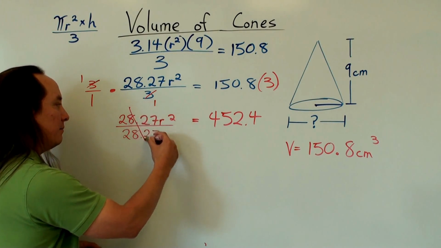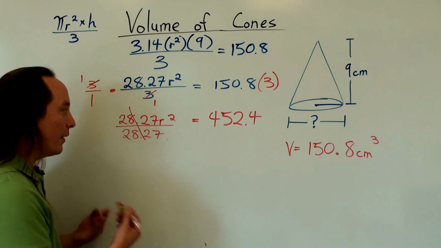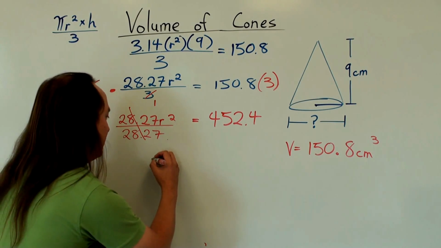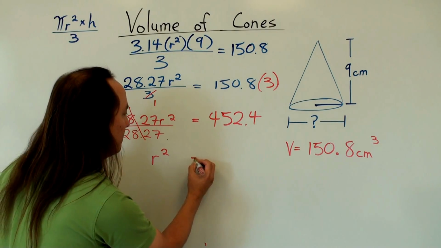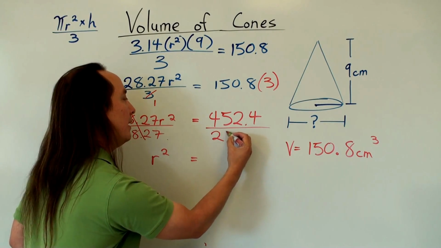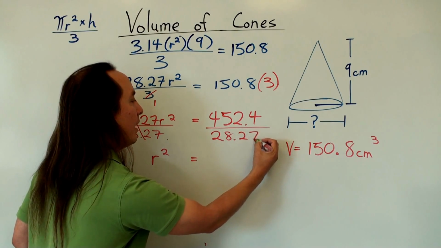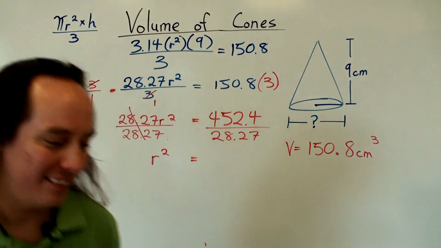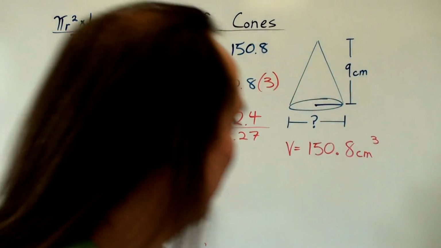So 28.27 divided by 28.27 is 1. 1 r squared is just r squared. And what I do to one side, I do to the other. I divide the other side also by 28.27, not 8. Darn it. Okay.